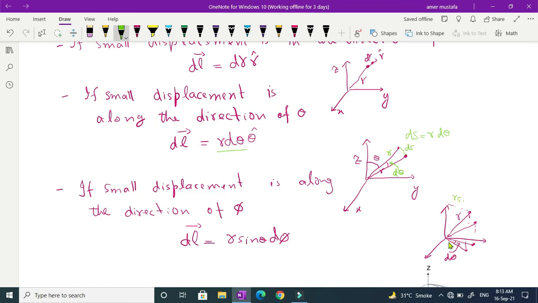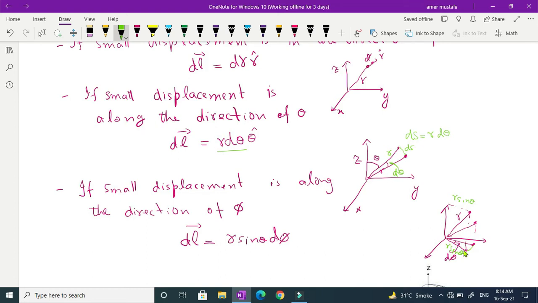Because these two lines are parallel, this line also has the length r sine theta. So what will be the infinitesimal displacement due to change of the phi coordinate?